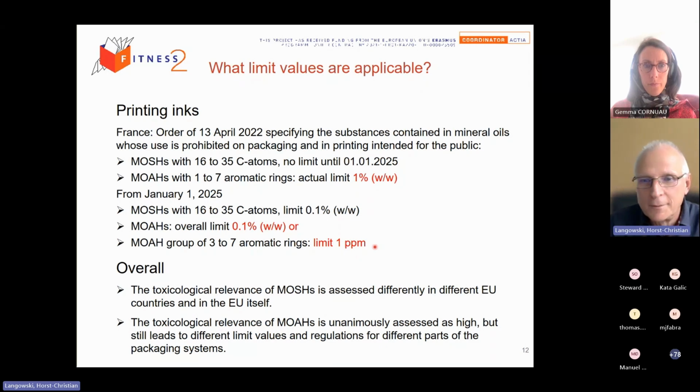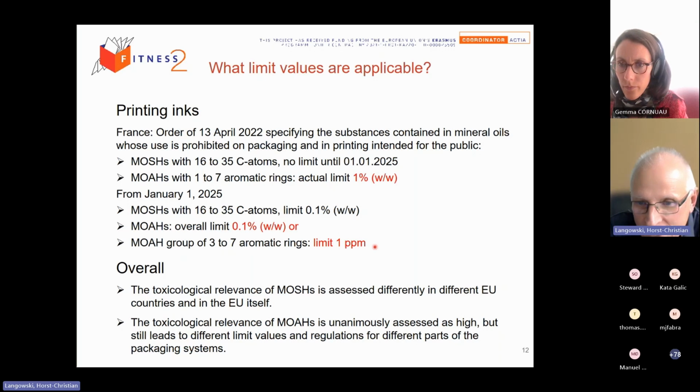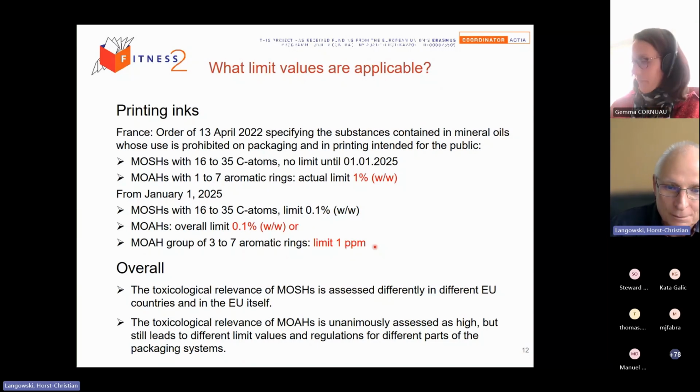But you know, the law is in some cases different from what is technically possible. Overall, we can say that there are different ways to assess the relevance of the mineral oil residues, and it still belongs to the legislation of the individual country.